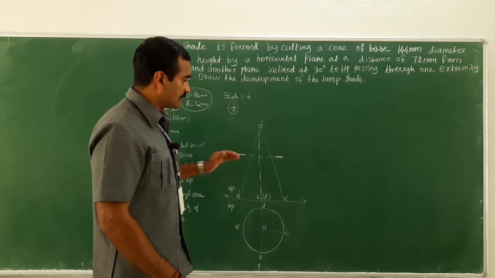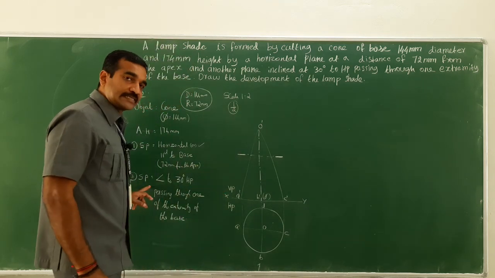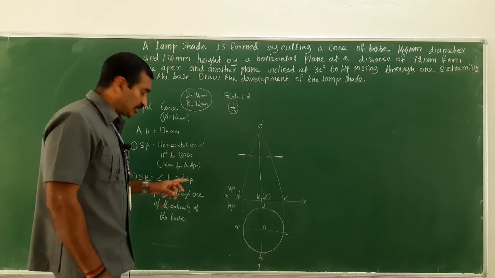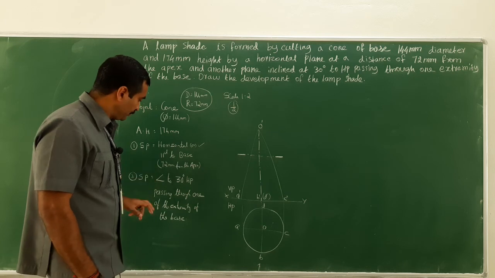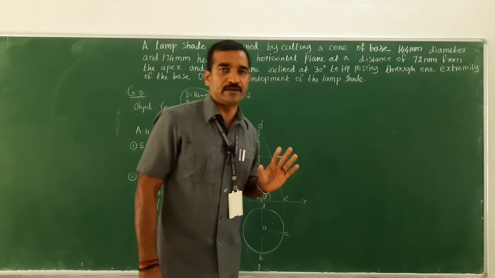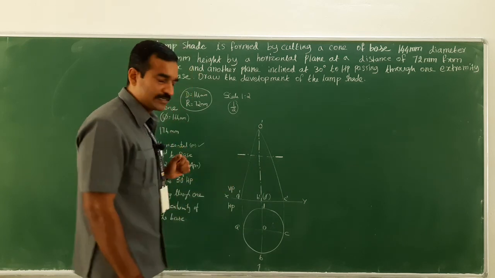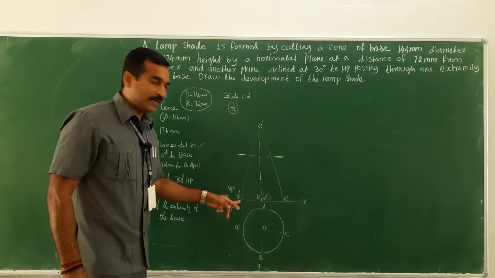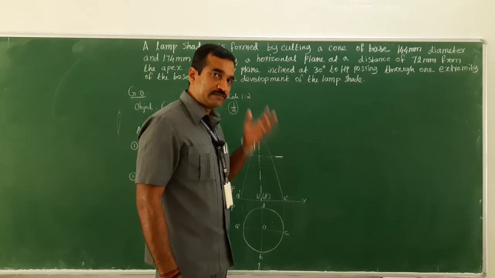Fine. Let me just look at the second cutting plane, which is inclined to HP at 30 degree and passing through one of the extremity of the base. Extremity in the sense, here we have the left extremity of the base and the right extremity of the base.